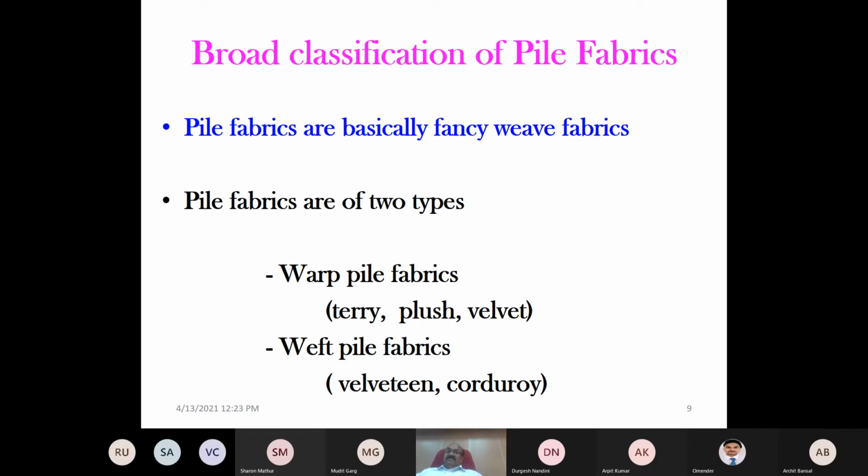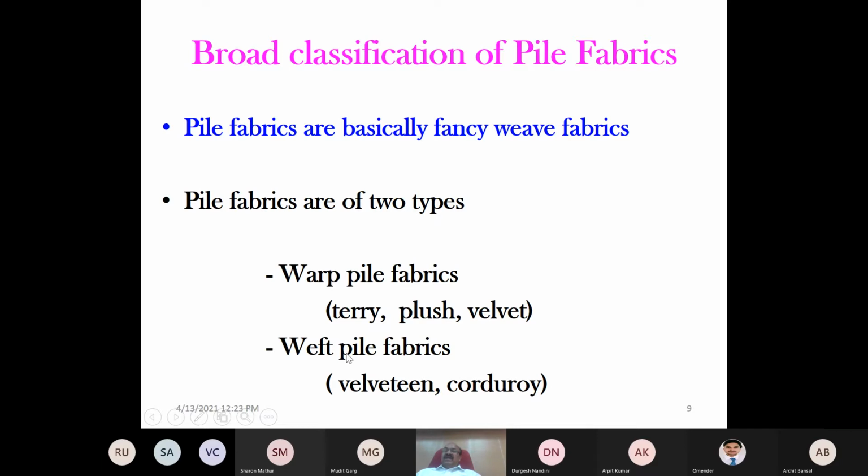Under warp pile, there are three fabrics: terry, floss, and velvet. Under weft pile, two types: velveteen and corduroy. We will discuss only the terry towel, which is a warp pile fabric.